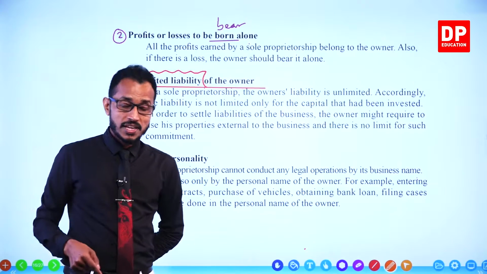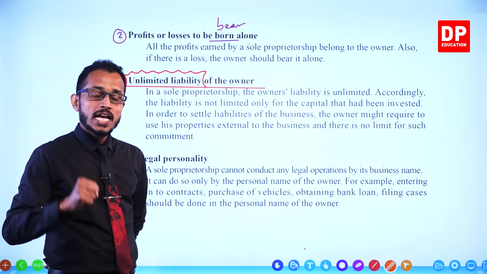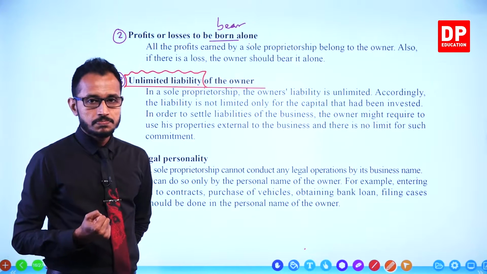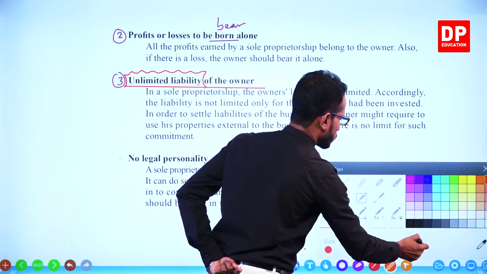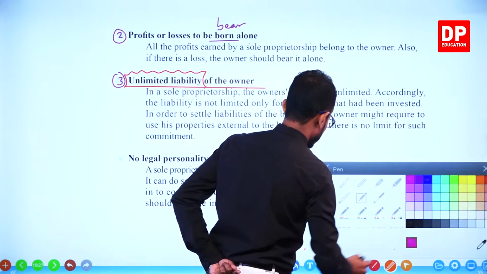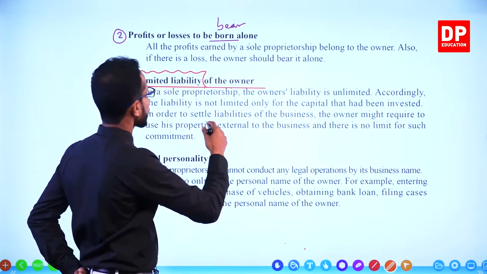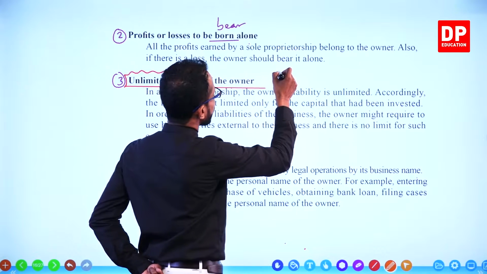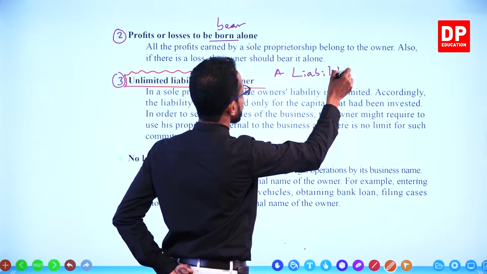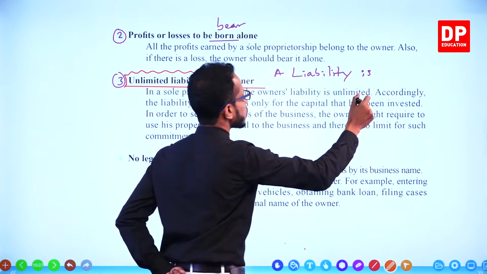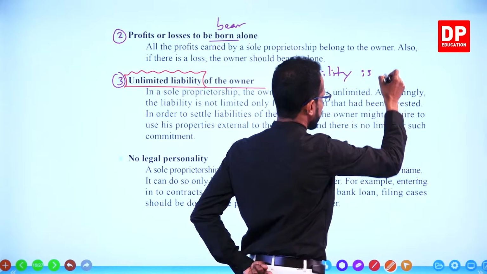Here you go. This is the explanation, children. What is a liability? First of all, what is a liability? A liability is, let's say, a loan.